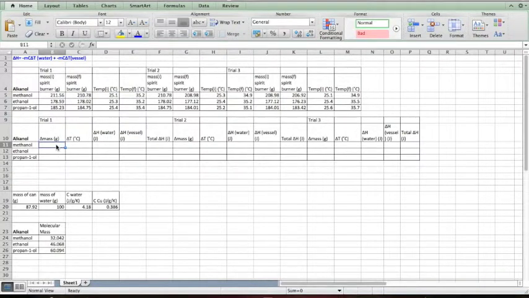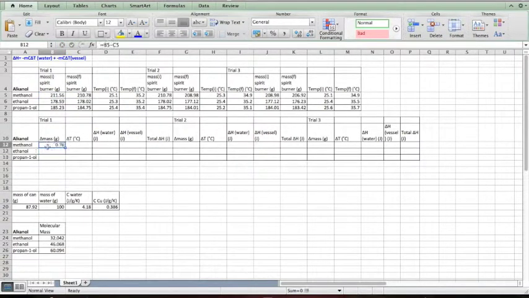So for trial 1, what you want is the change in mass. So you want the mass initial, and the mass final. So we go equals mass initial, subtract mass final, enter.